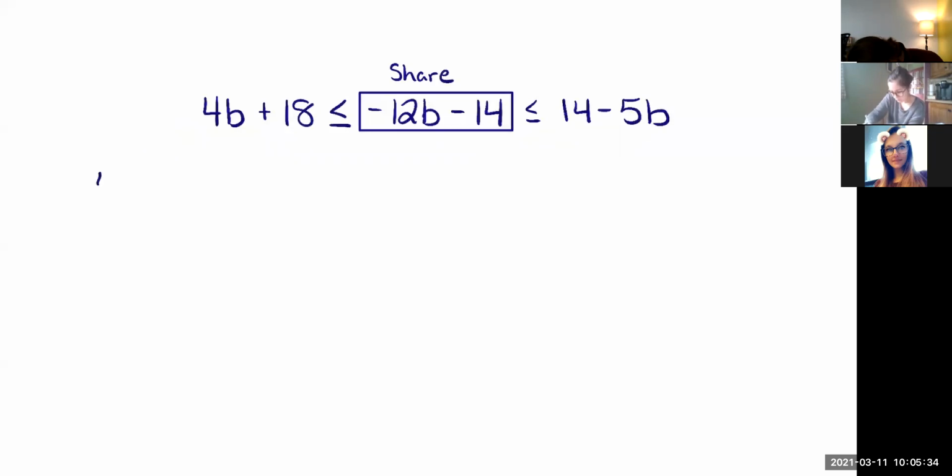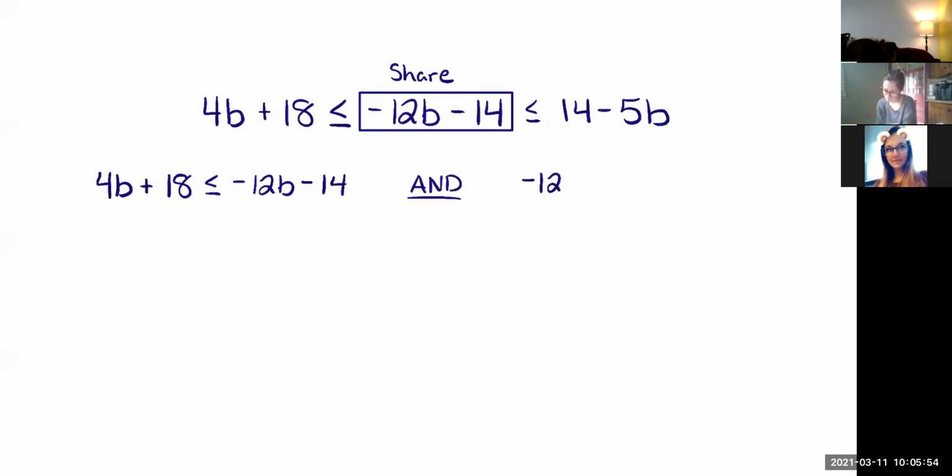So the two inequalities I will have are going to be 4b plus 18 is less than or equal to negative 12b minus 14, and negative 12b minus 14 is less than or equal to 14 minus 5b.